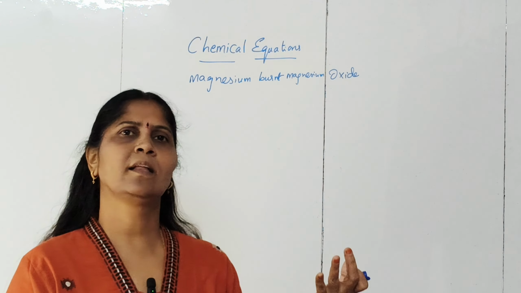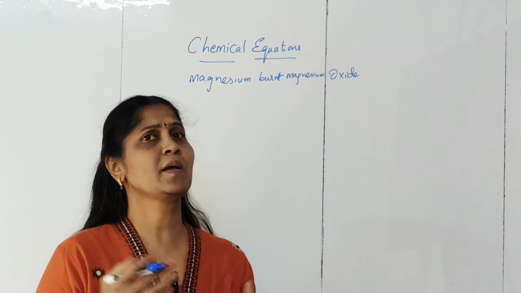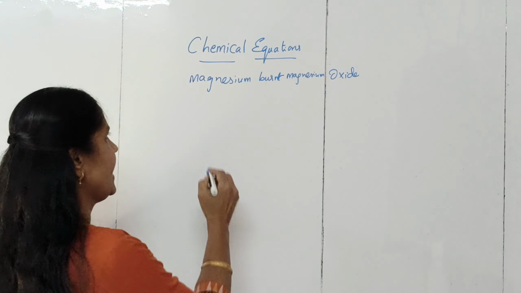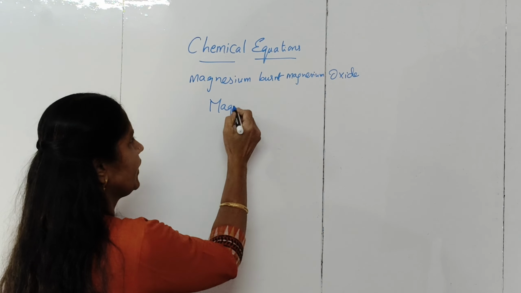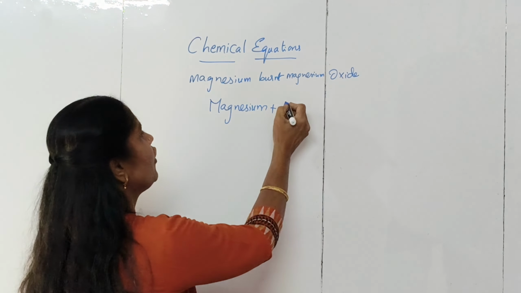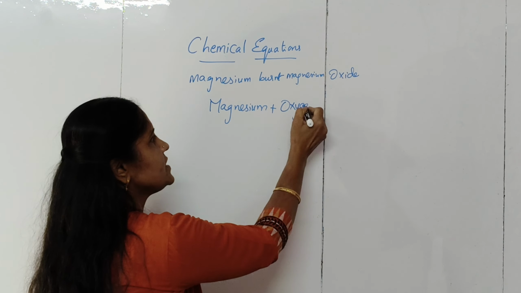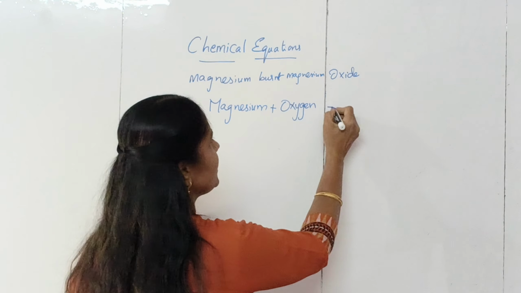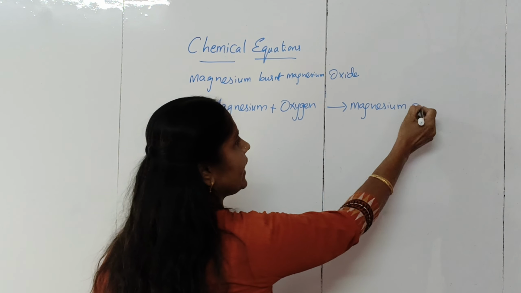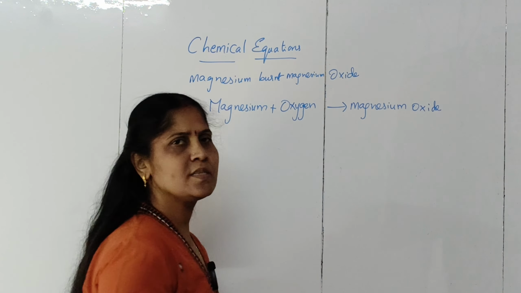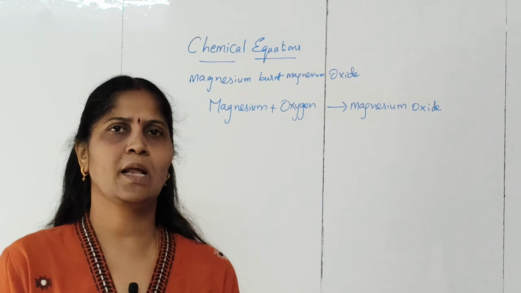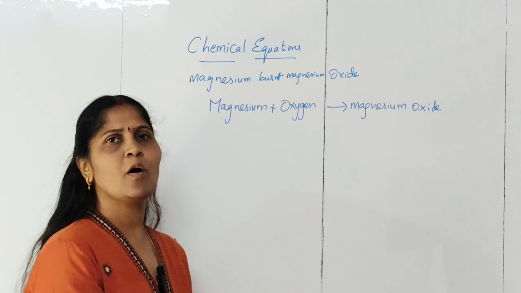So instead of describing the reaction in such a big sentence, I can represent it in words: magnesium reacts with oxygen to produce magnesium oxide. This is called the word form of a chemical equation.